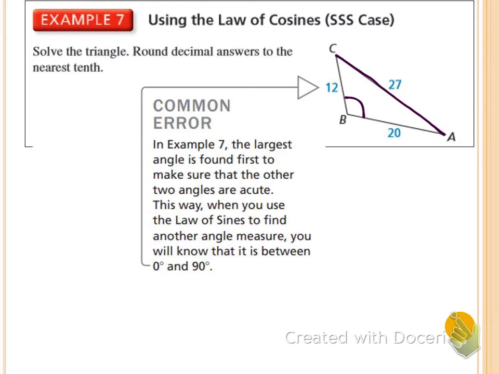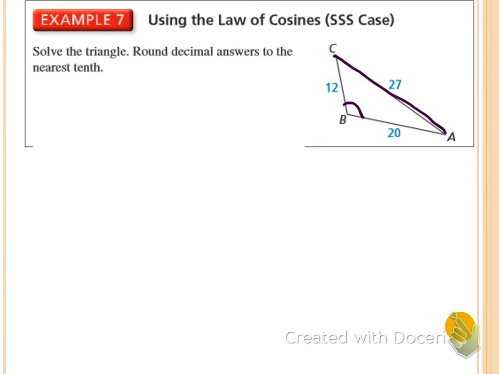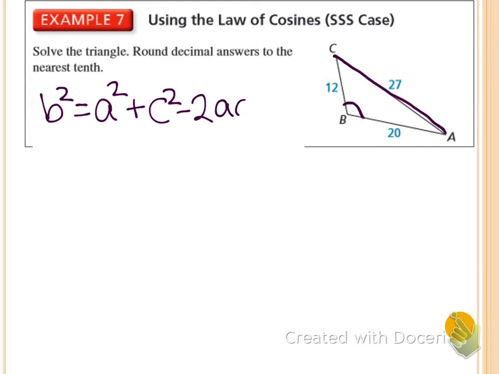So we're going to be looking for angle B. We're going to use the B squared formula. B squared equals A squared plus C squared minus 2AC cosine of angle B. It's a little different here because we do know the length of B. B is 27. And A, where's A?